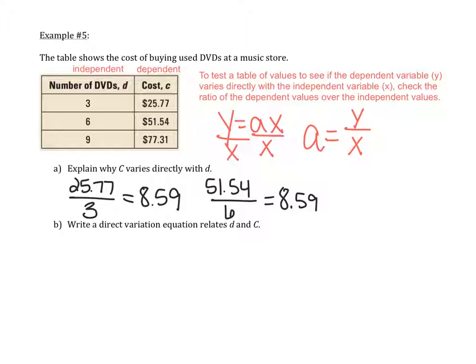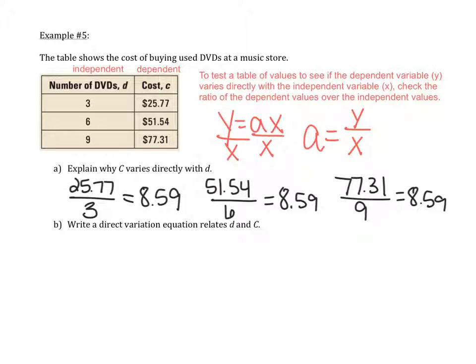If I take 77.31 divided by 9, I get 8.59. Since I got the same number each time, 8.59, I can conclude that this is a direct variation equation. If I didn't get the same value every time, it would not be a direct variation equation or situation.